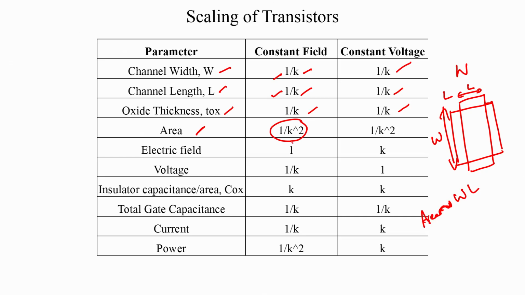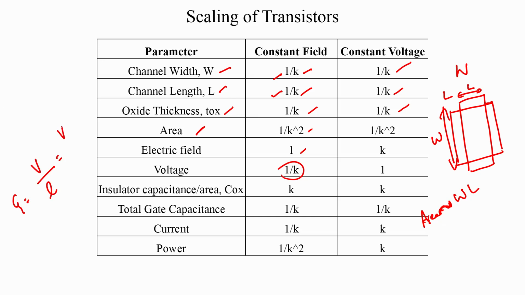And the electric field, in constant field scaling, the electric field is not supposed to change, that is the whole idea. So, that does not scale and remains constant at 1. If you want to keep the electric field constant, you have to reduce your voltage, and the electric field is essentially the voltage divided by the length.